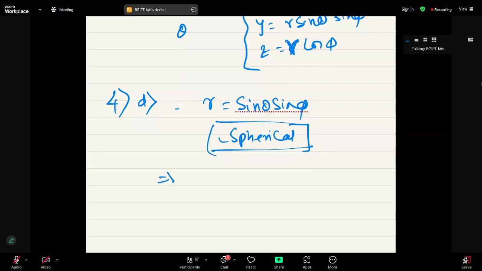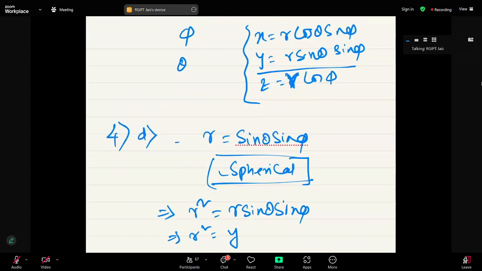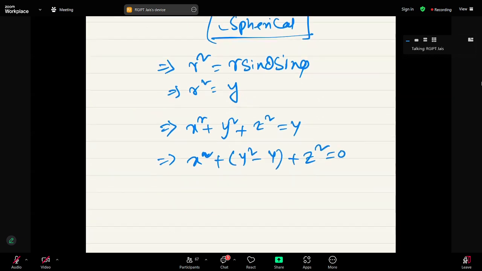So what we can do, we can say r equal to sine theta sine phi. If you multiply r on both sides, this will be r square equal to r sine theta sine phi, right? And r sine theta sine phi is basically y. And r square is basically x square plus y square plus z square, equal to y. So you can say x square plus y square minus y plus z square equal to 0.